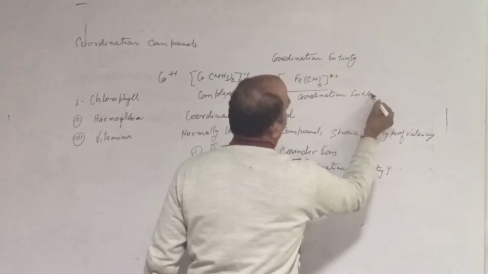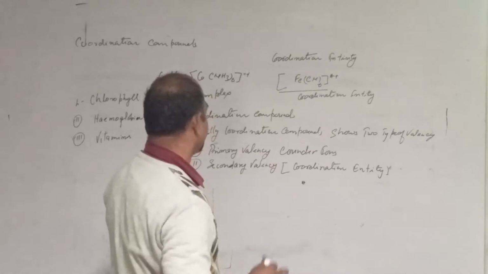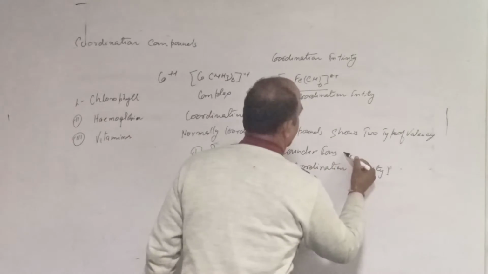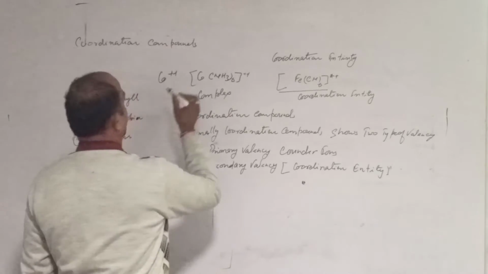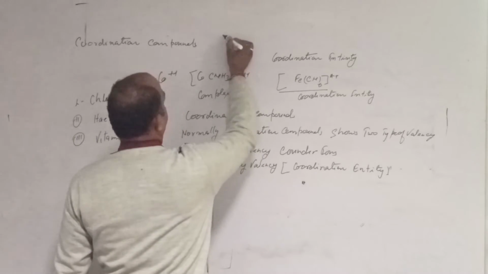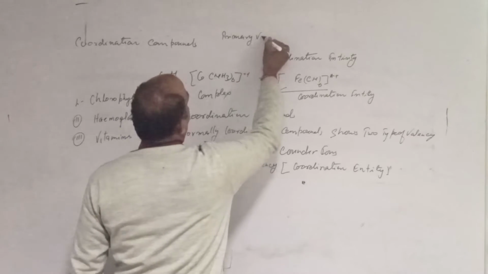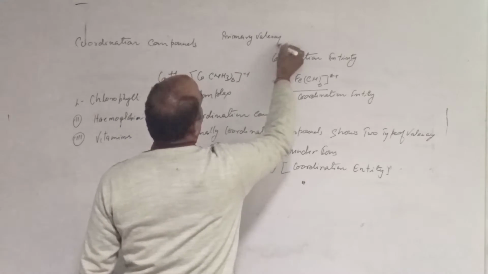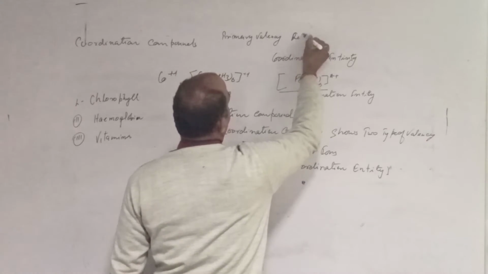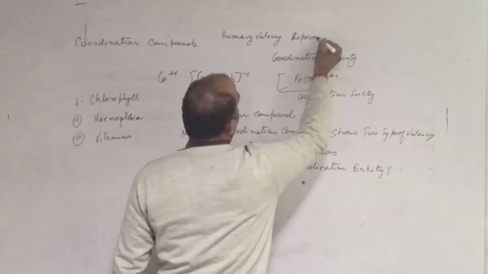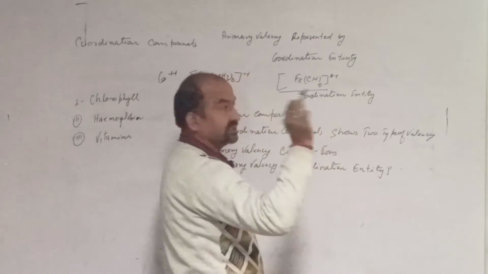Okay, now come to this point. Primary valency is indicated, represented by dotted lines.